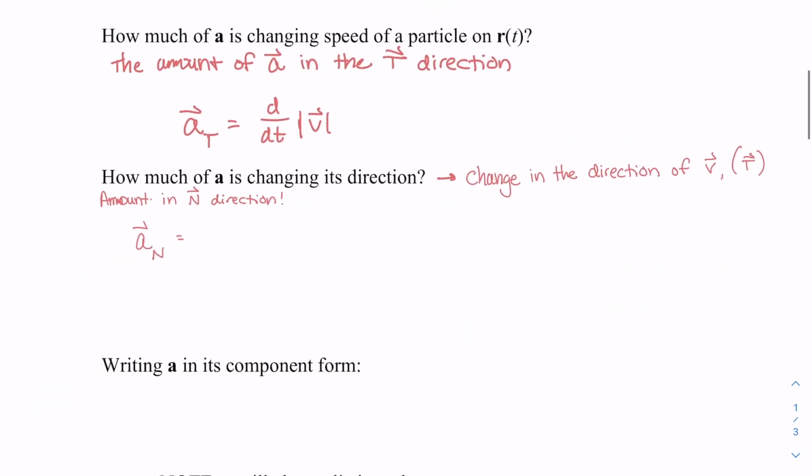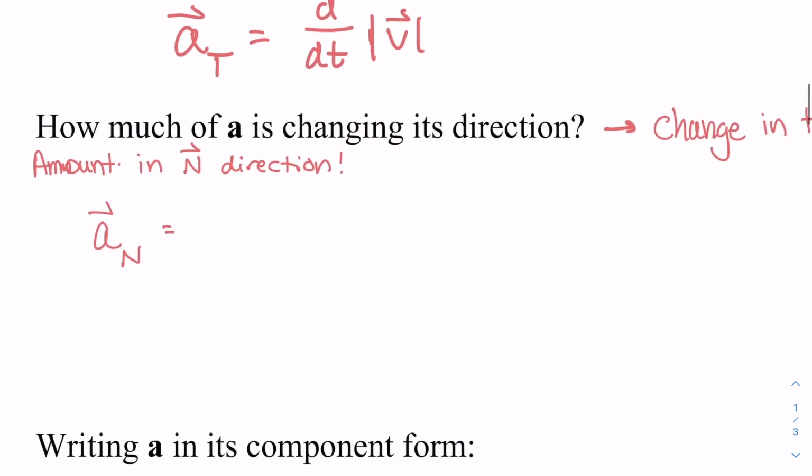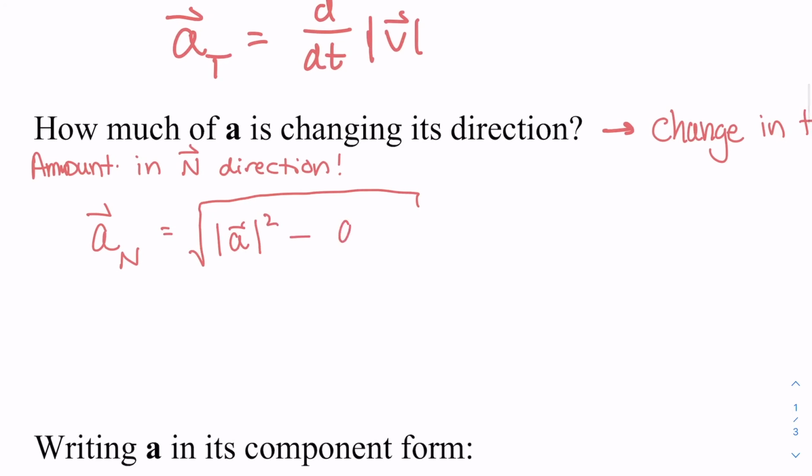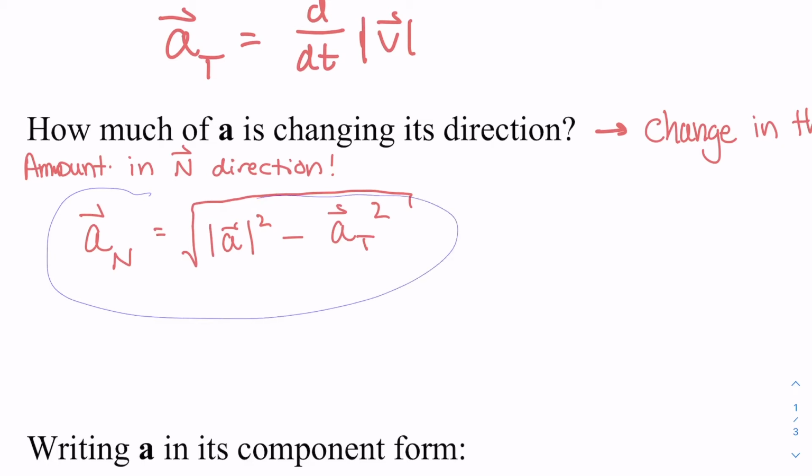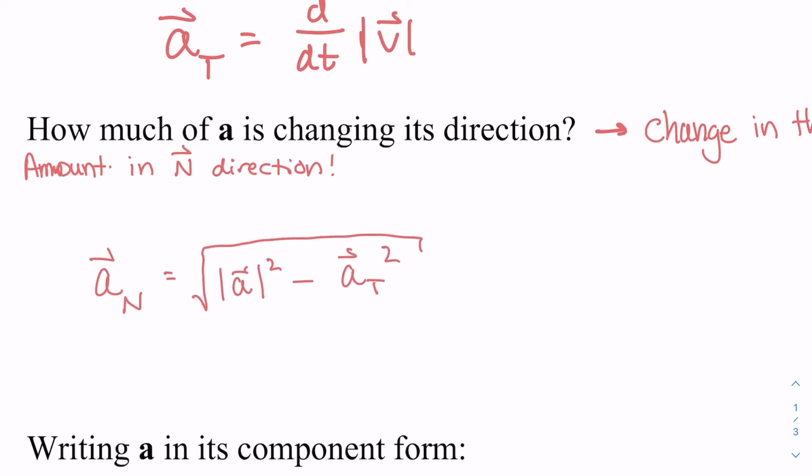So that is just going to be the square root of the length of the hypotenuse, which is the length of the acceleration vector, squared minus the amount in the tangential direction, squared. So that's just an application of the Pythagorean theorem, because breaking down these forces into two orthogonal vectors is always going to form that right triangle.